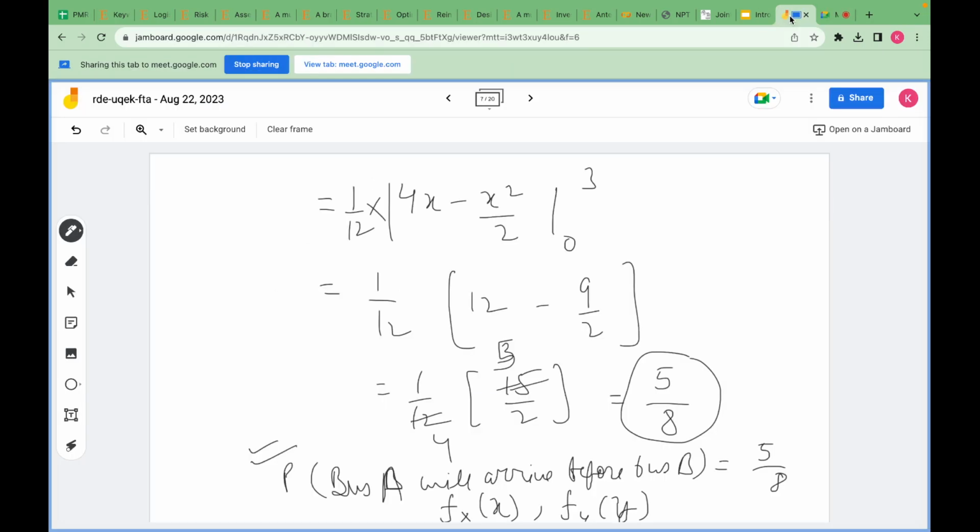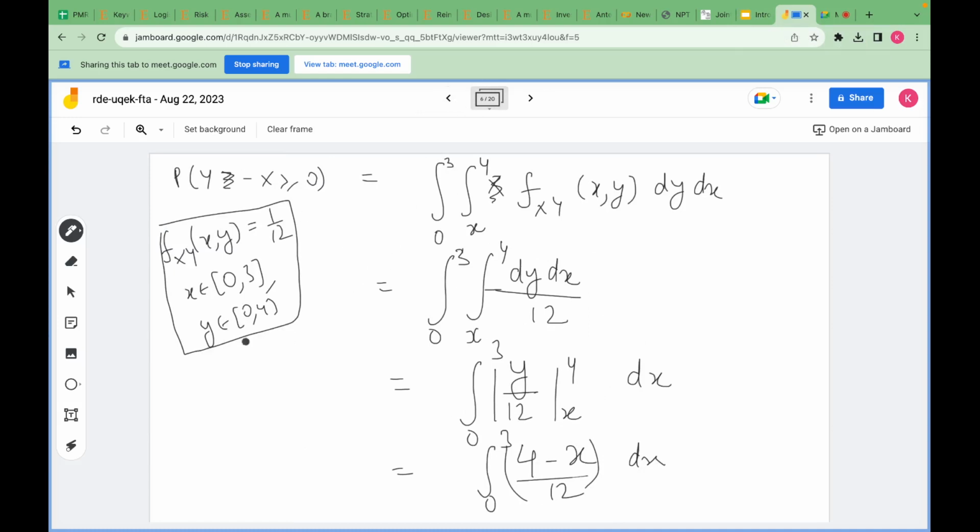Yeah, sure. So y minus x is greater than or equal to 0. We need to find the probability for this function where y minus x is greater than 0. So we are finding the probability that y should be greater than or equal to x.